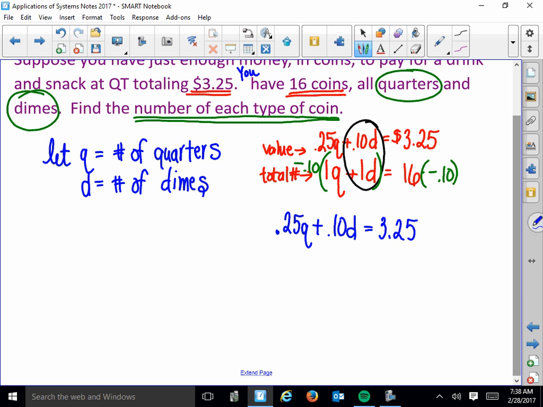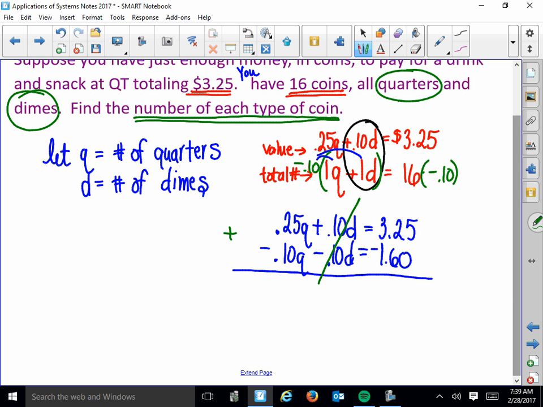The second equation, once I distribute the negative 0.10, would be negative 0.10Q minus 0.10D equals, and 16 times 0.1 would be negative 1.60. All right, it is time to use the elimination method. The D's will cancel because they are opposites.